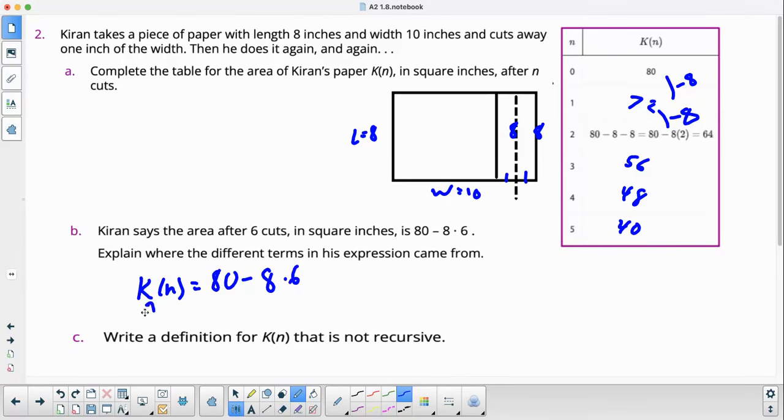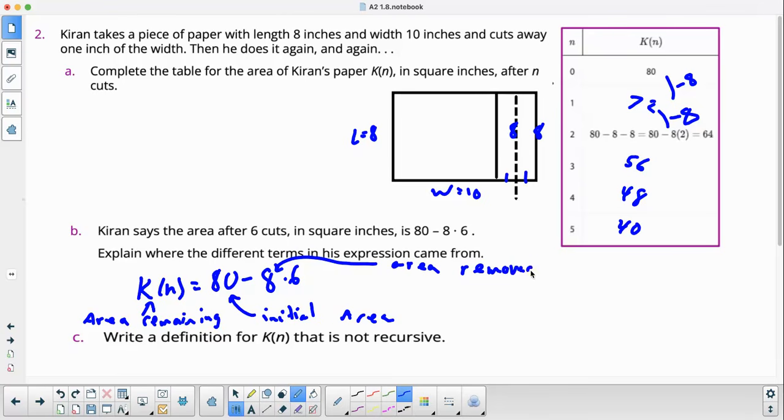So this is my area remaining. 80 is my initial area. The 8 is the area removed on each cut.